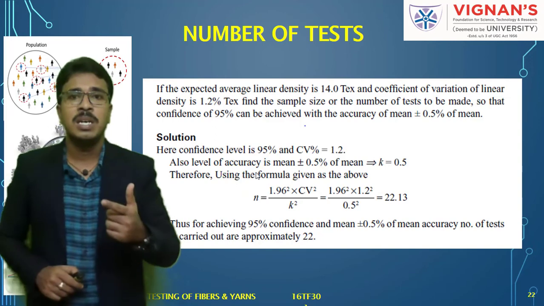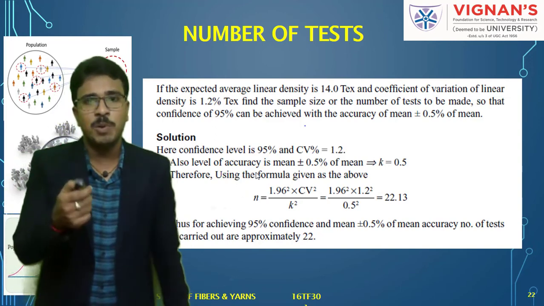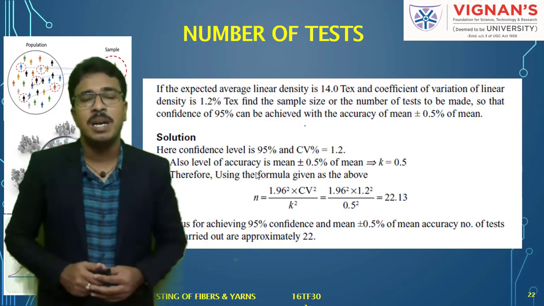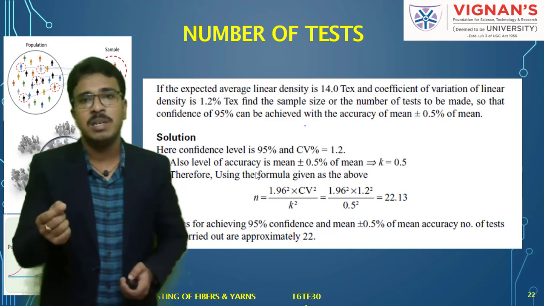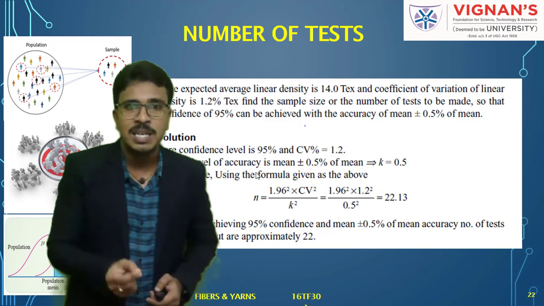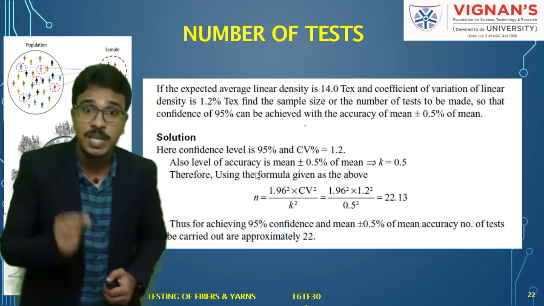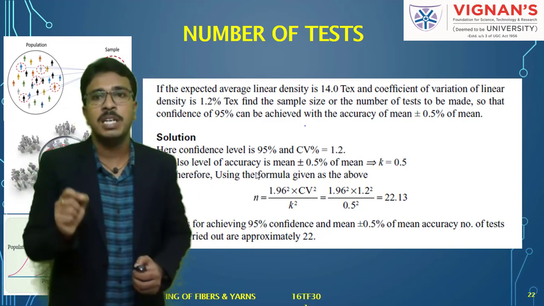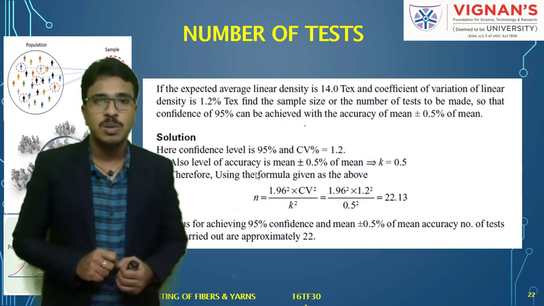Here CV is 1.2, you can substitute the same, and the k value is 0.5. If you substitute and simplify, you get n, the number of tests to be made, as 22.